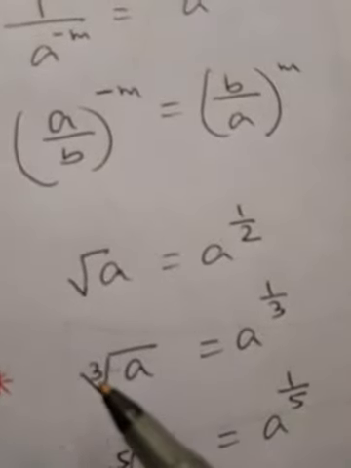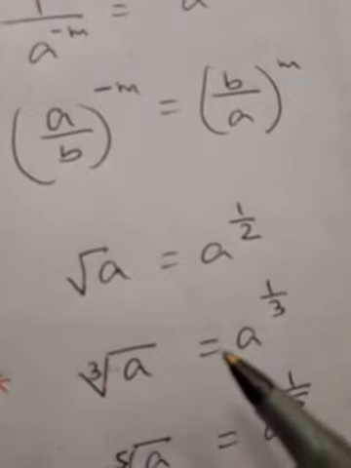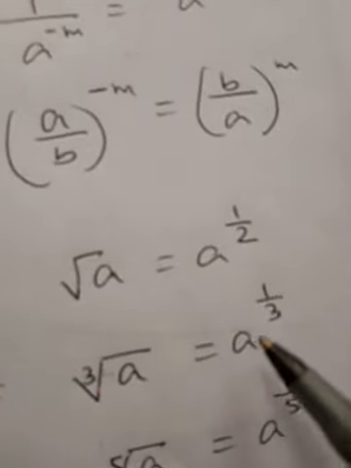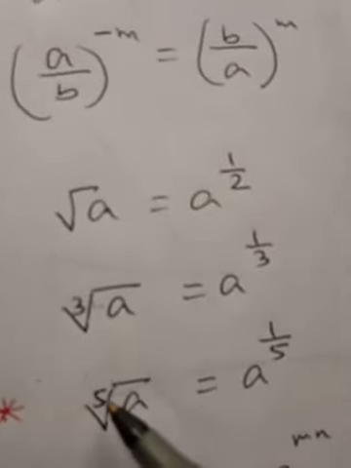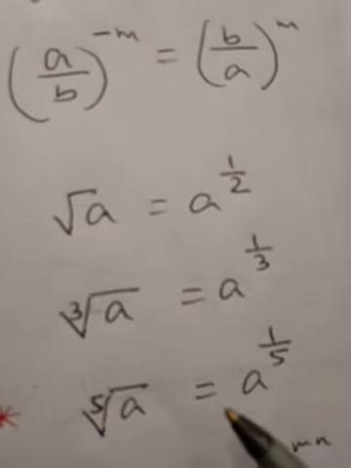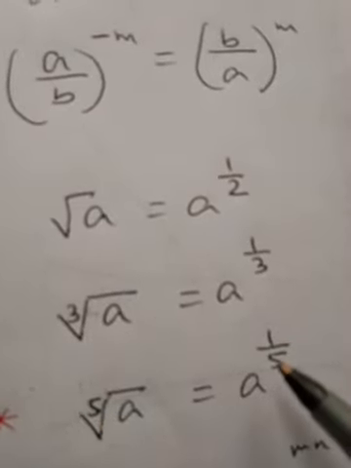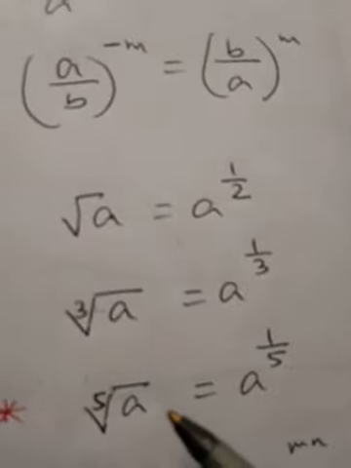Here 3 is written, so in exponential form we write it as a to the power 1 by 3. Similarly, if we have 5 in this space, then we write it as a to the power 1 by 5. So this we call the fifth root of a.